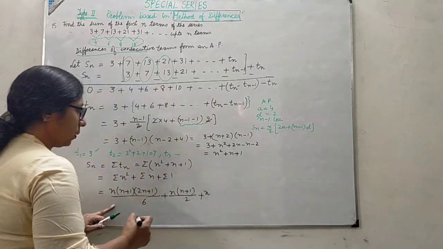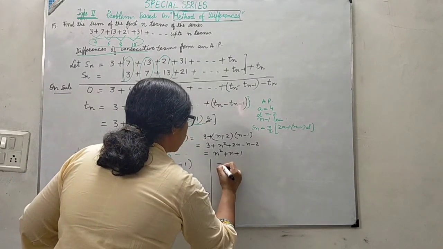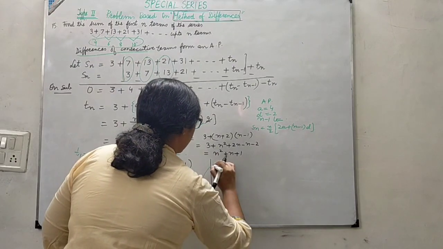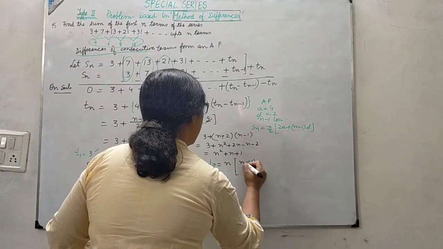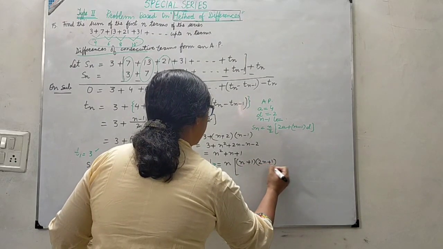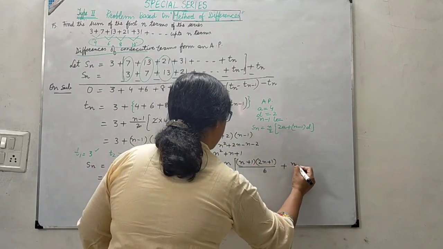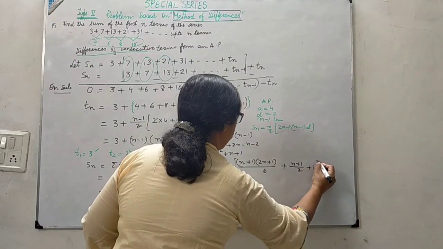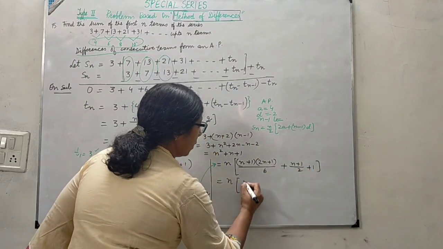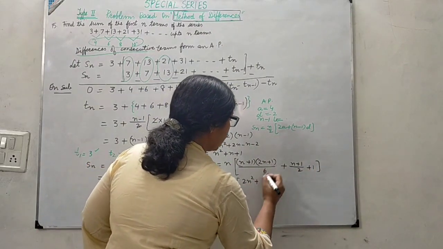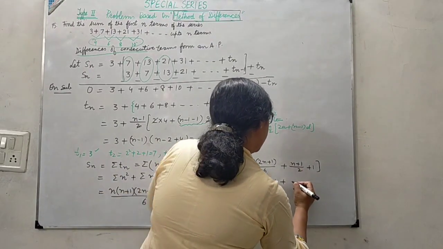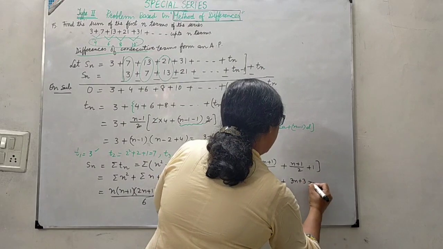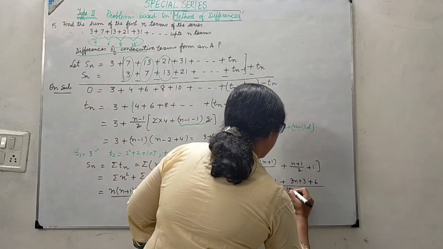So if I take common from here this n, we are left with inside n plus 1 into 2n plus 1 by 6 plus n plus 1 by 2 plus 1. So this is your 2n square plus 2n plus n, 3n plus 1 plus 3n plus 3 plus 6 upon 6.